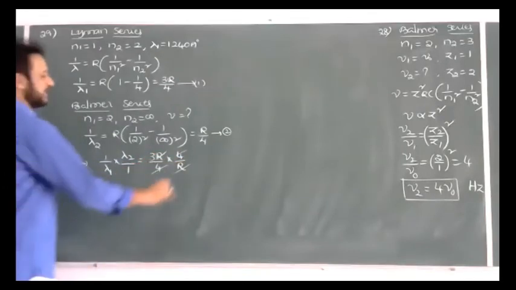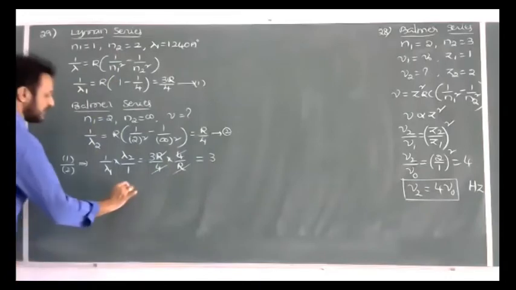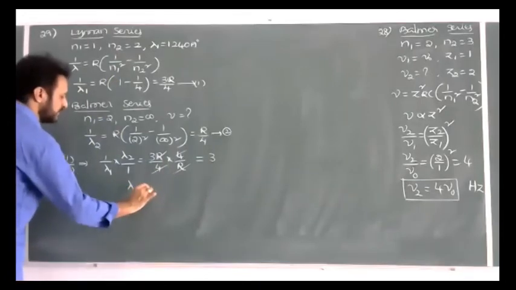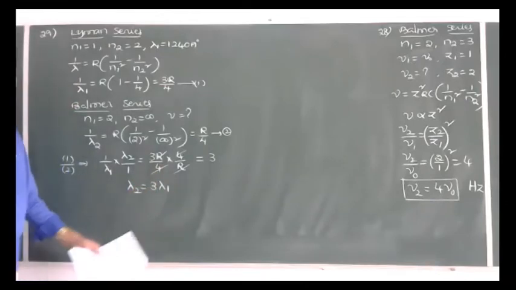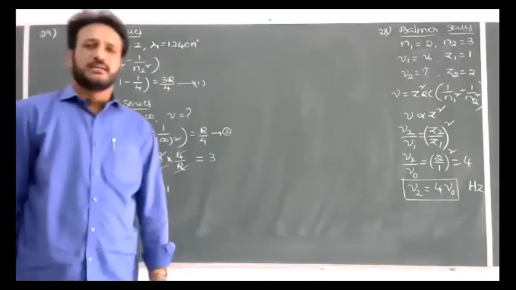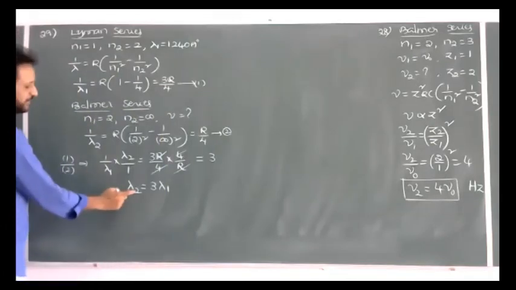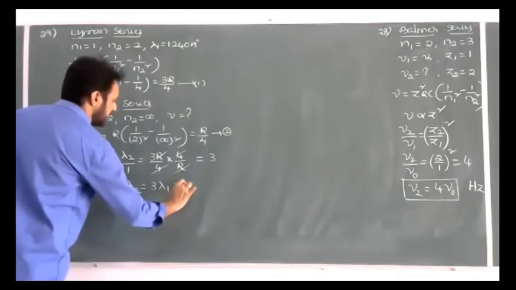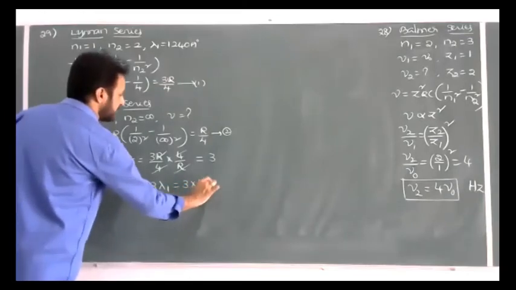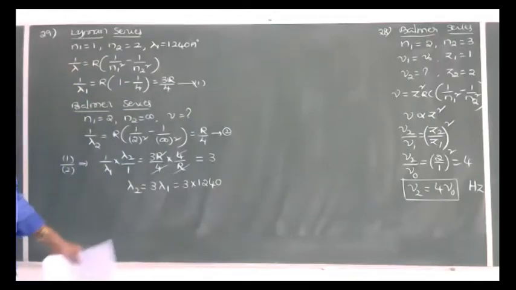We have lambda 2 by lambda 1 equal to 3, or lambda 2 is equal to 3 into lambda 1. But they asked for the frequency. Lambda 2 equals 3 into lambda 1, which is 3 into 1240 angstrom.